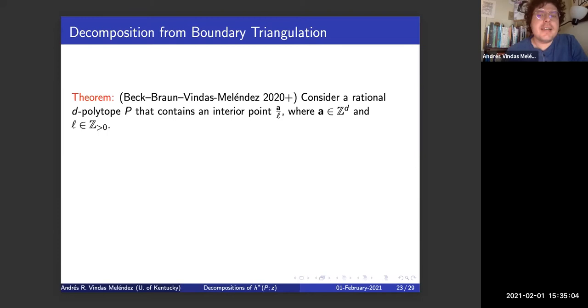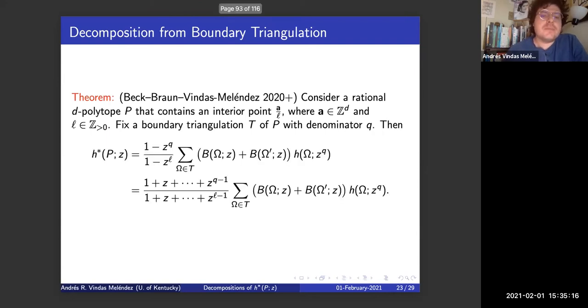So if I take a rational polytope that contains an interior point A over L, or if I dilate it and I cone over it, it's A comma L, yeah? And I fix a boundary triangulation with denominator Q, then the H star polynomial can be decomposed in this way.